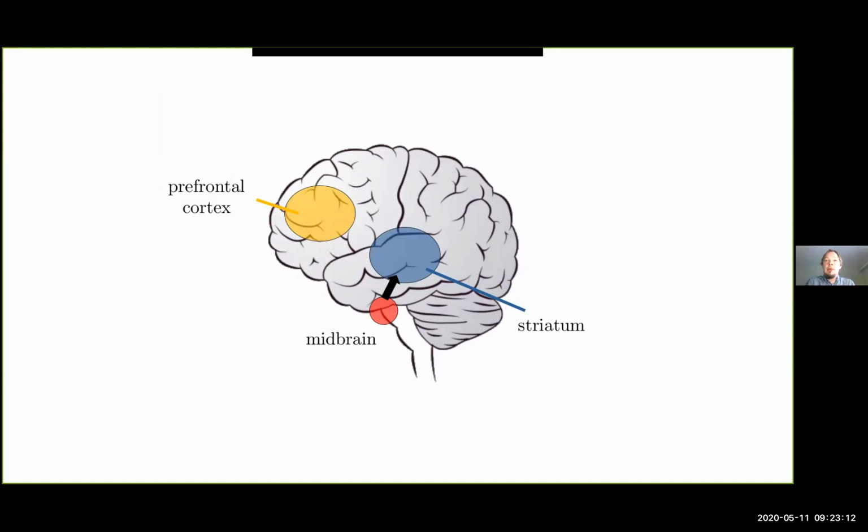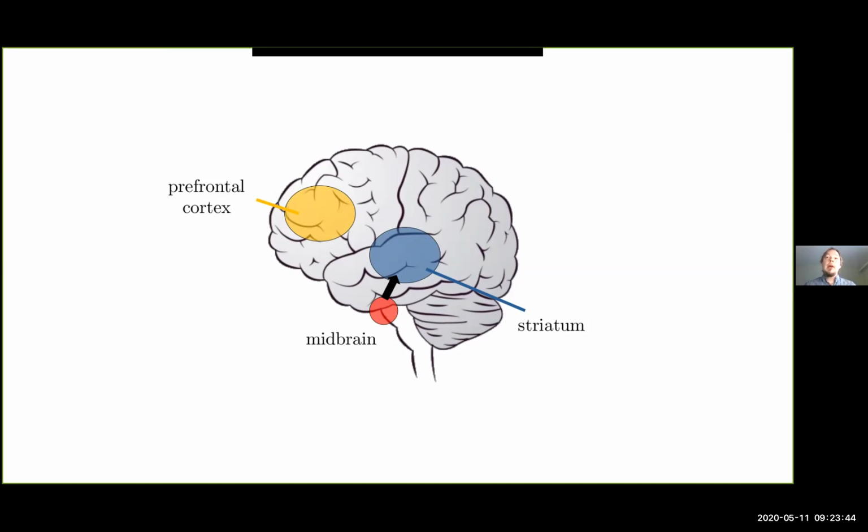First, I'd like to focus on the red circle there, the midbrain. We know that the midbrain in the mammalian brain does something that is rather similar to computing these reward prediction errors. So the midbrain makes a prediction, and then it gets feedback, and then based on the error, it releases dopamine. And this dopamine is used to strengthen the connections in the striatum.